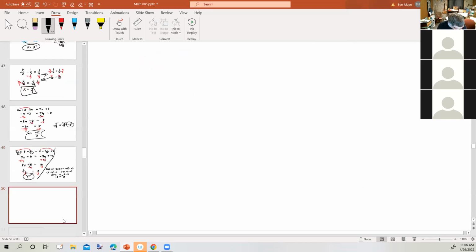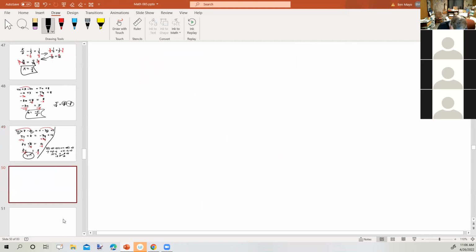Okay. How about this? 6 times the quantity 7k plus 3 equals negative 12k. So again, we're going to simplify each side of the equation first. On the left side of the equation, 7k plus 3, those are not like terms.